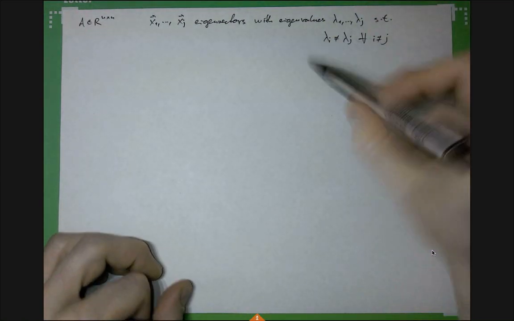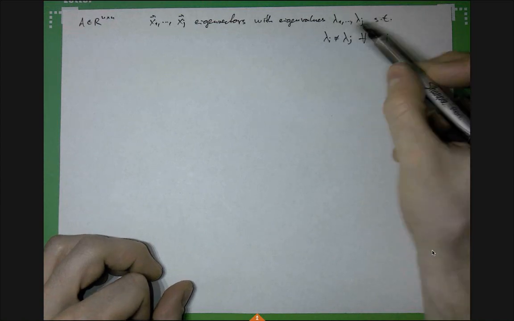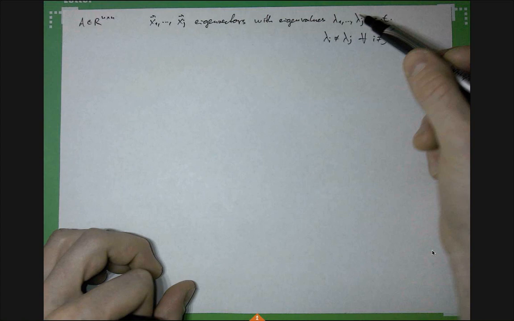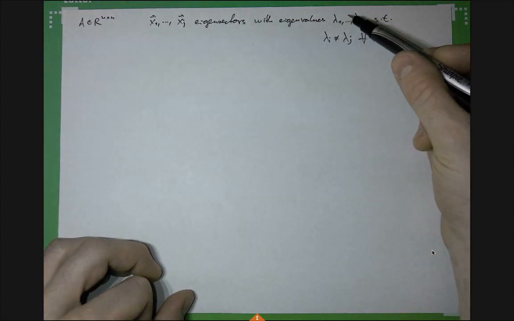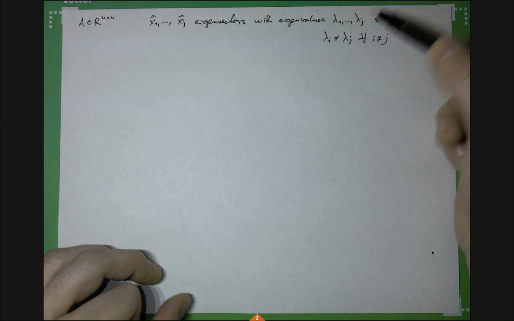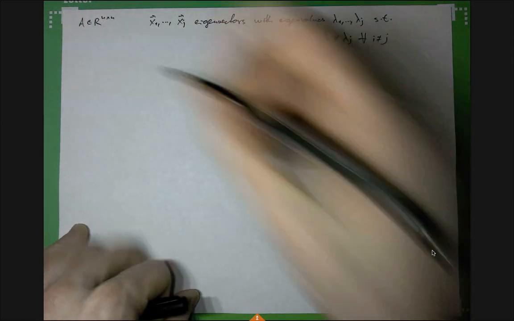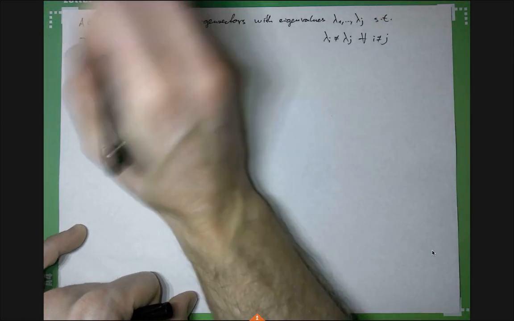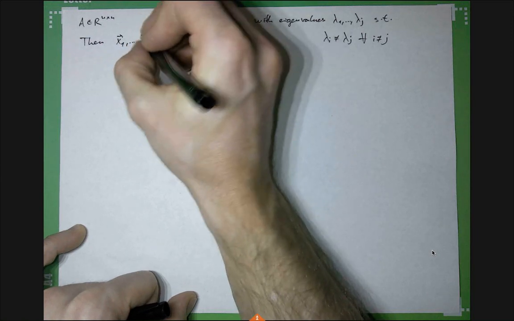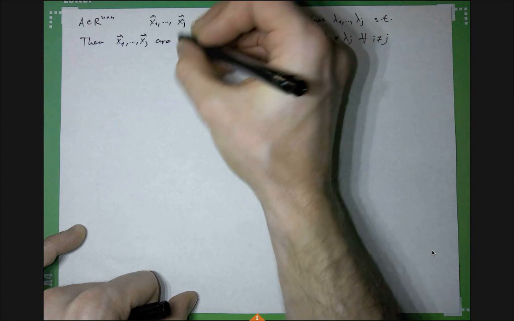So this is my way of saying that all of these eigenvalues are unique. It's not the case that the same number will be repeated twice or three or more times within the set of eigenvalues. So then the statement, and this is a very nice, elegant statement, is that x1 to xj are linearly independent.